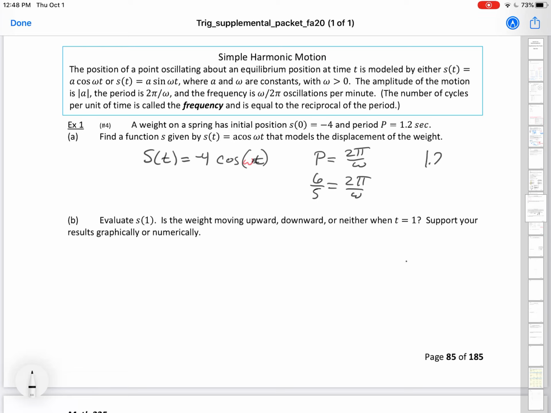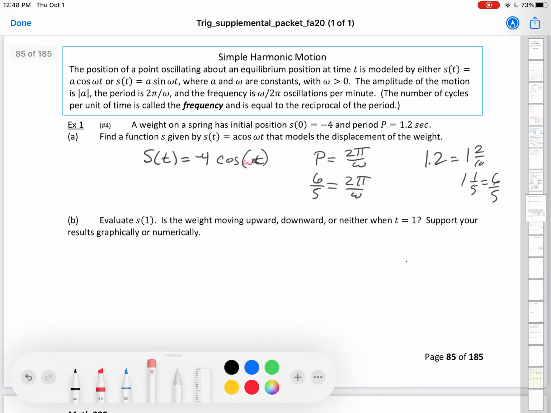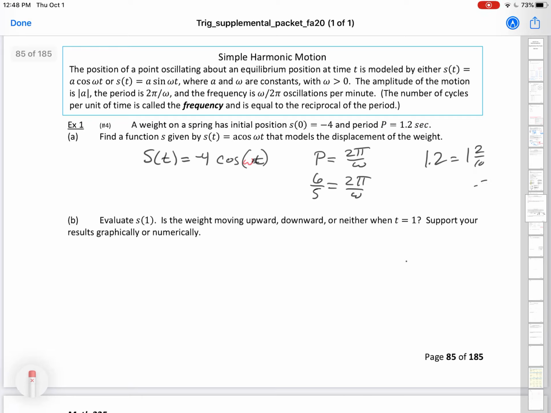So 1.2 is 1 2/10, which is 1 1/5, which is 6/5. I'll do the arithmetic in case somebody needs it. You're welcome to use the 1.2, but then you have to put things in decimals, and I don't think that's the best. It's better to leave things as exact.